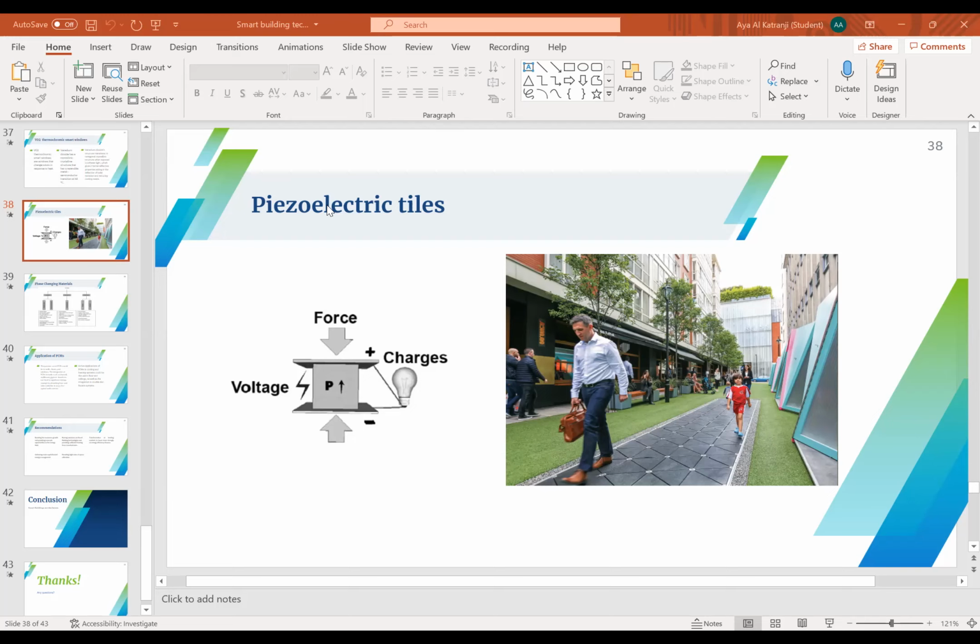This voltage we could use later for any applications, but as a form of electricity. These tiles are used to generate electricity, and they would be very beneficial in crowded places where there are steps all the time. So we can consider this a kind of free, renewable energy from the steps of the people walking on them.